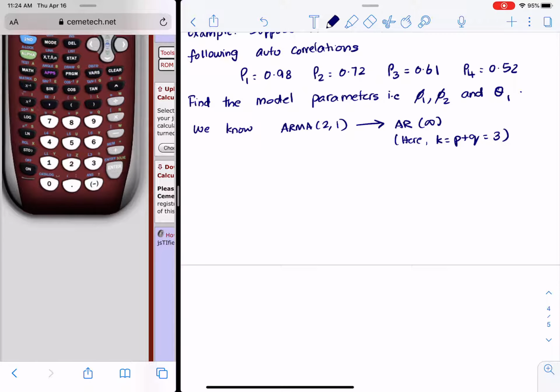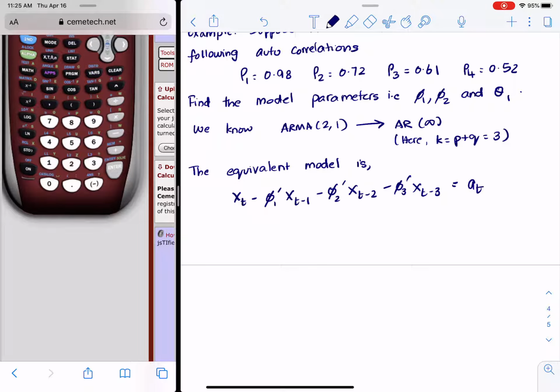In other words, the equivalent model is xt minus phi1 prime xt minus 1 minus phi2 prime xt minus 2 minus phi3 prime xt minus 3 equals a sub t.